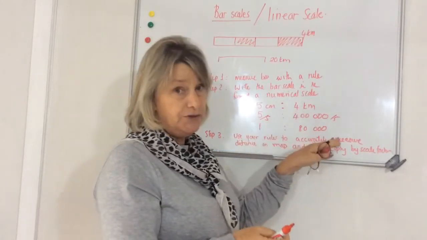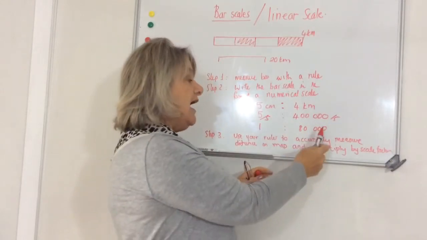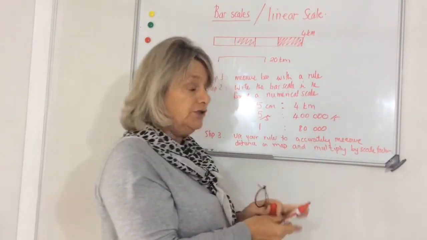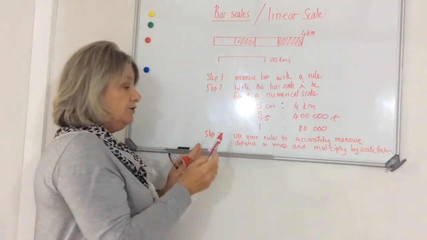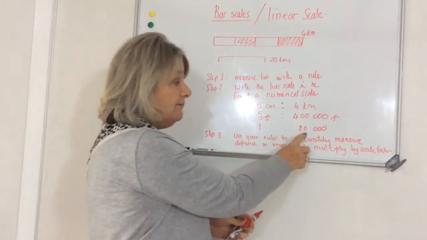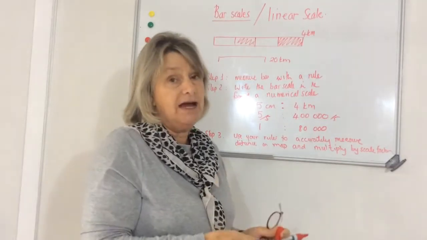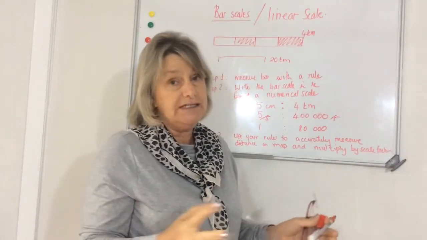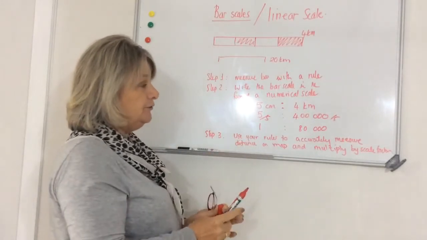So when you divide, you'll get a decimal, and you don't want a decimal in the scale. You will just round to the closest whole number. Then in the last step, you would measure the distance on your map, and you will multiply by your scale factor, because you want to know the real distance. And then it might need to be converted to kilometers again by dividing by 100,000, which you can do.